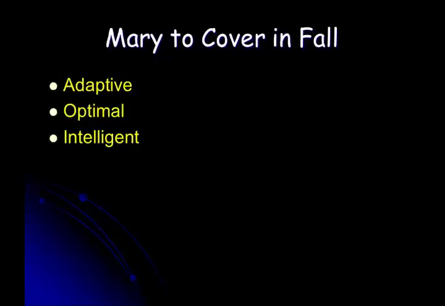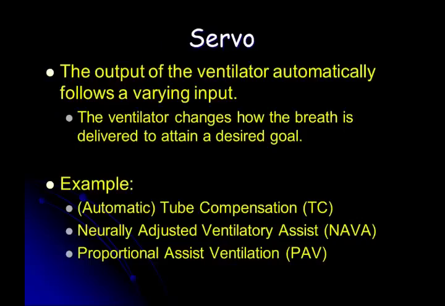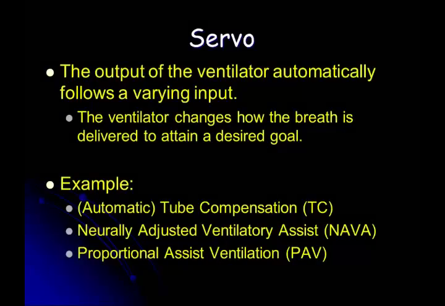Mary will talk about the others in the fall. Okay, so the other three groups. We'll go back and visit these again. We'll talk about tube compensation specifically. NAVA's really slick. NAVA is where we end up putting a nasogastric tube or oral gastric tube down through the esophagus. And it has some sensors that identify when the diaphragm's contracting.